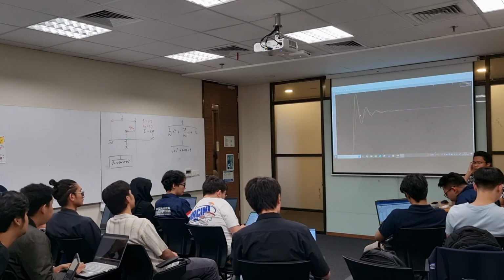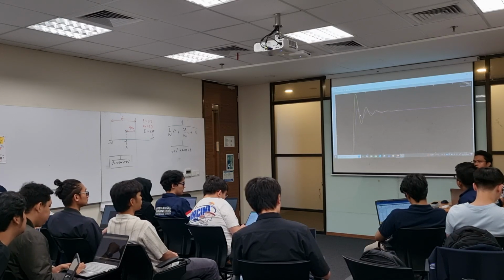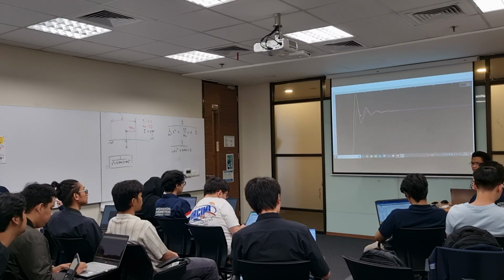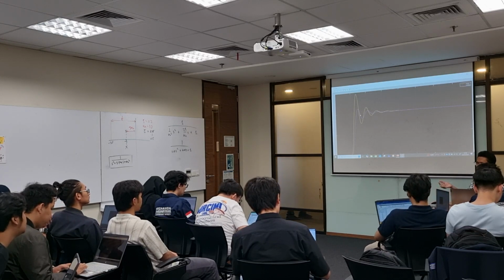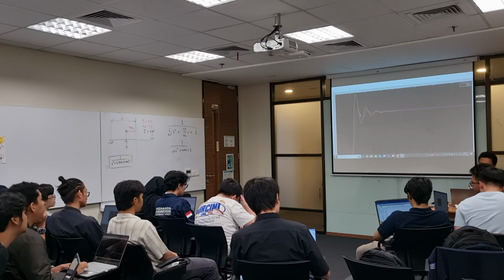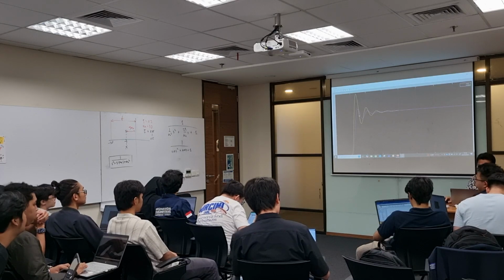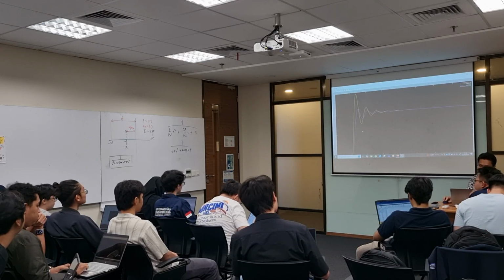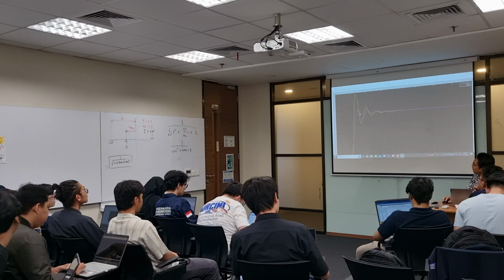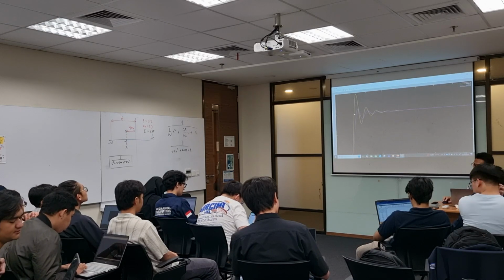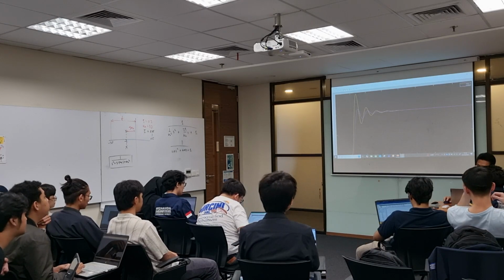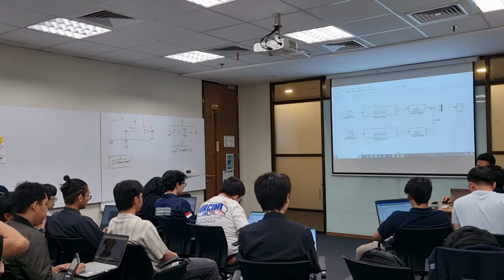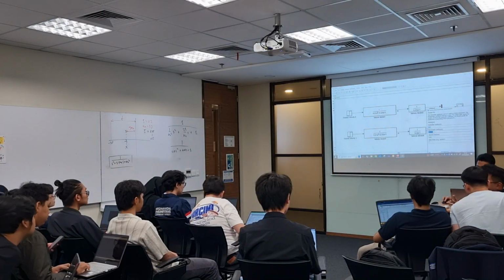So this is what we discussed last week about the overshoot. When we add an extra pole to your system, it can make the overshoot smaller. However, as you can see, the response is slower. If you keep increasing the tau, what will happen?